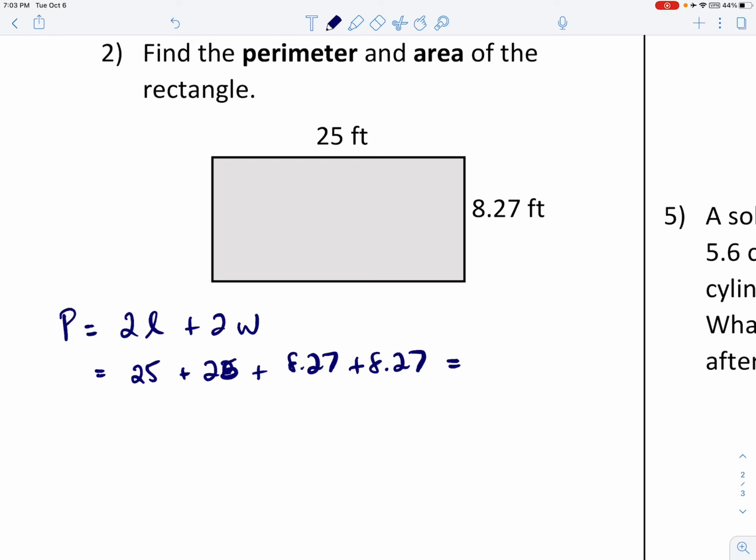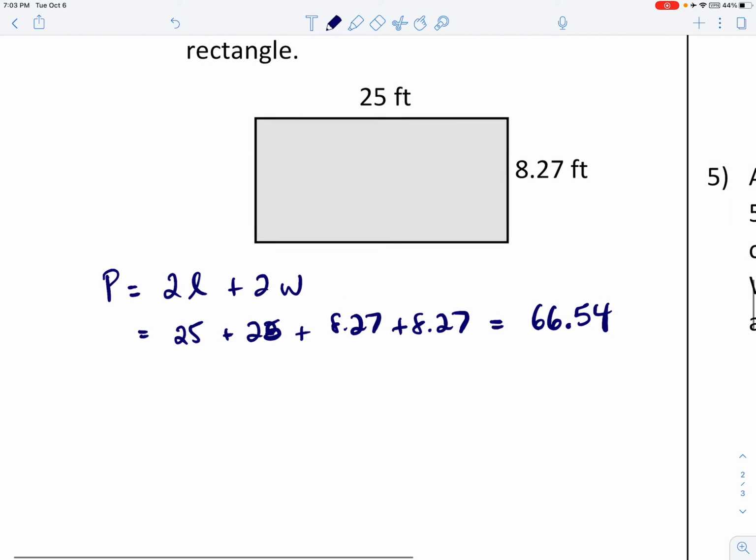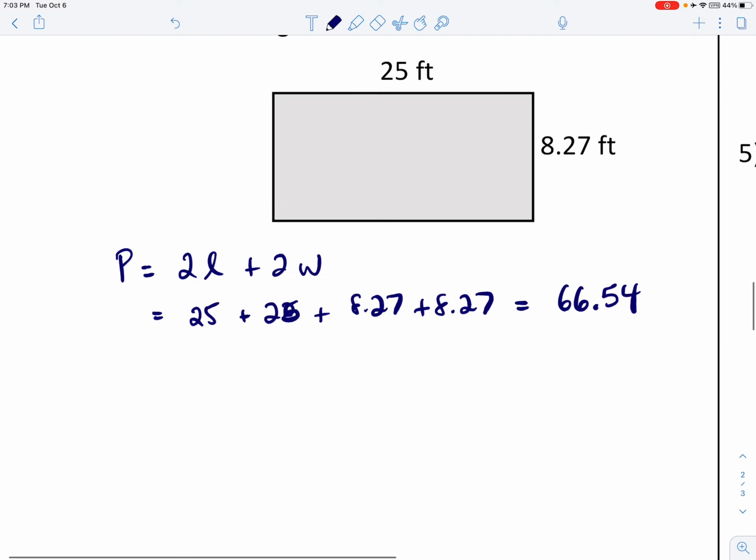So 50 plus 8.27 and another 8.27, your calculator should say 66.54. Here's a simple test. Did you pause the video, get your calculator, and do that, or did you just watch? If you're just watching, you might as well stop the video because you're not going to review the way you should.